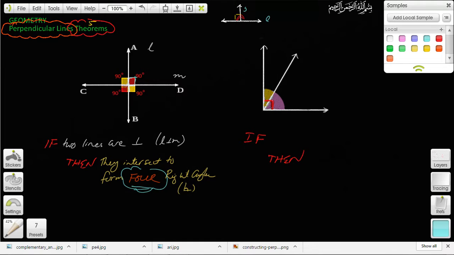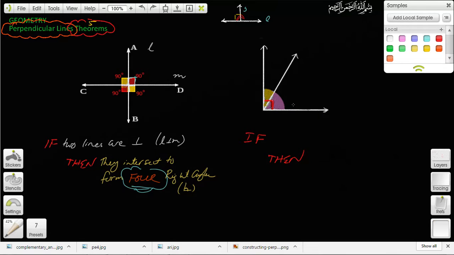Sometimes in questions you add an additional angle, and then things get pretty complicated. The idea here is that if you have 2 perpendicular lines, they give you 4 right angles to work with. That's a very important theorem to appreciate.